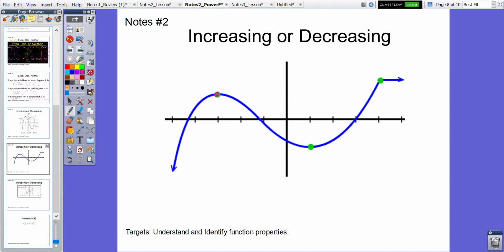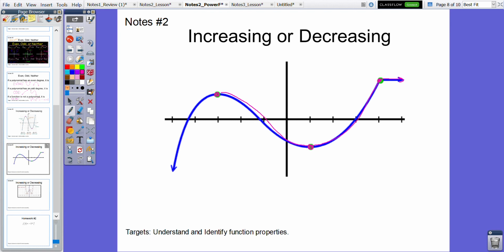All right, everything between that and the second green point, notice how the graph goes down. If you follow it like a slope like this, that is a decreasing portion of our function. And then if you follow that all the way up to our third green point, it is also increasing here. Now what happens to the right of this third point is, notice how it's flat from there onward. That means that it is neither increasing nor decreasing.